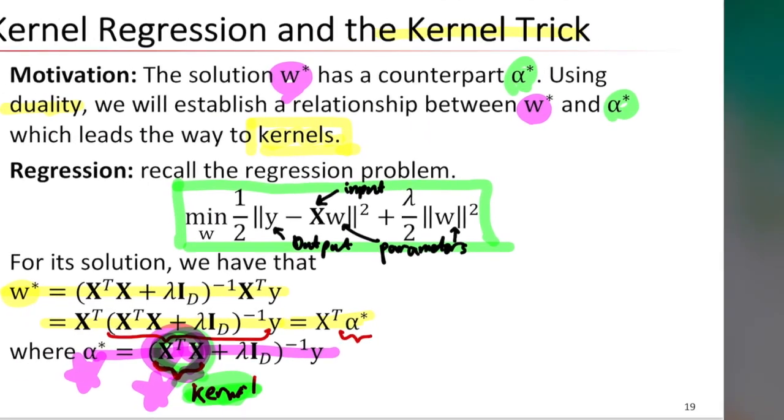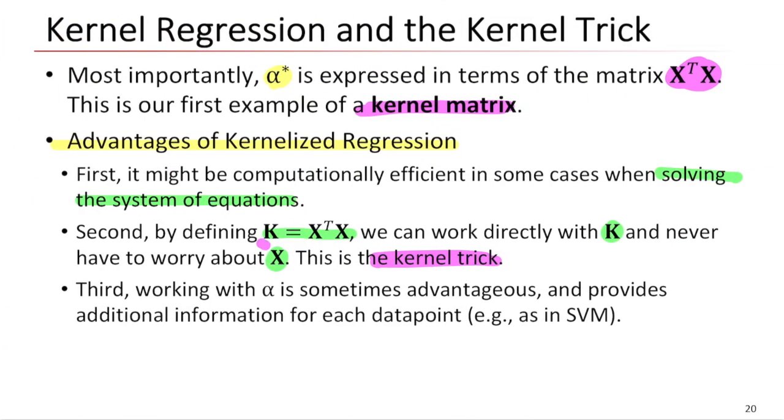So by using the kernel technique, we don't need to consider X anymore. We just compute the kernel matrix. I'd say this is very beneficial compared to computing or considering X itself.